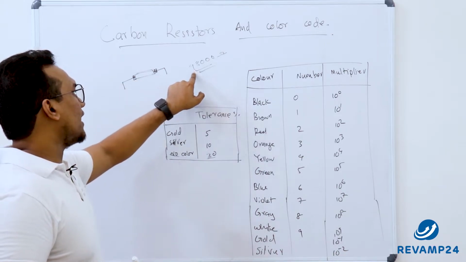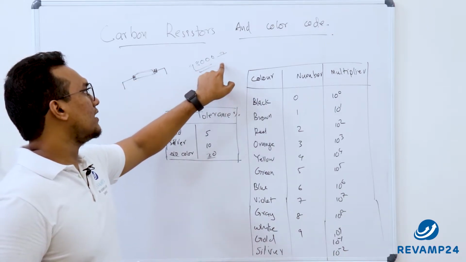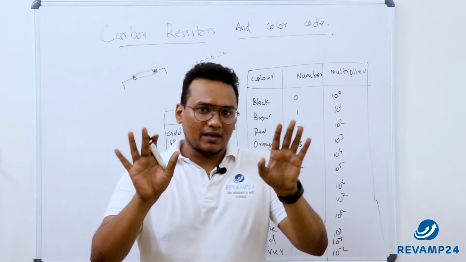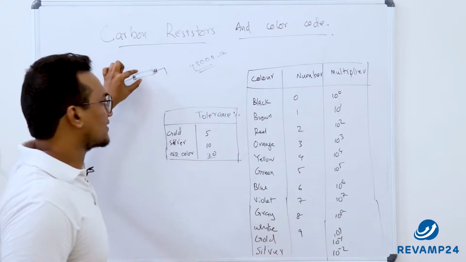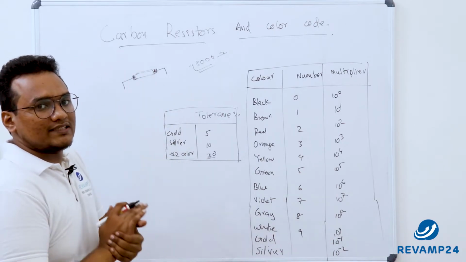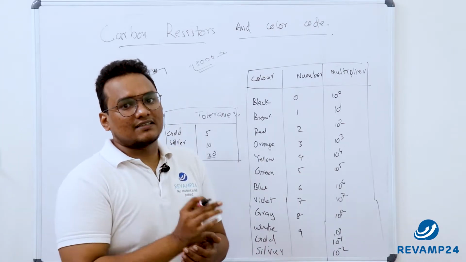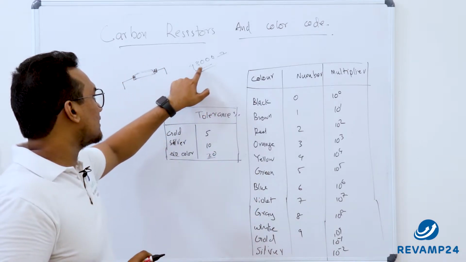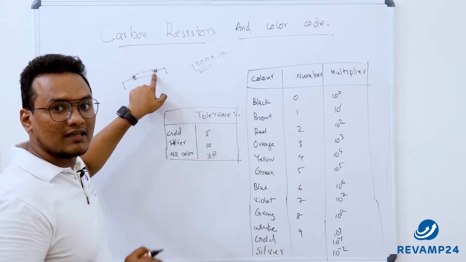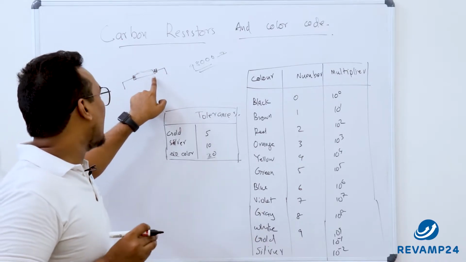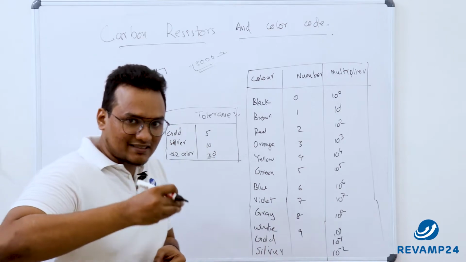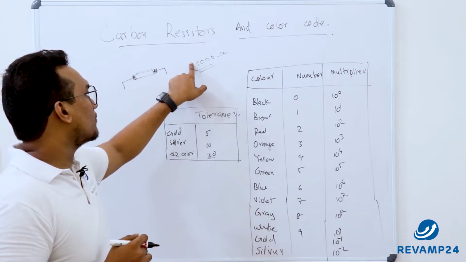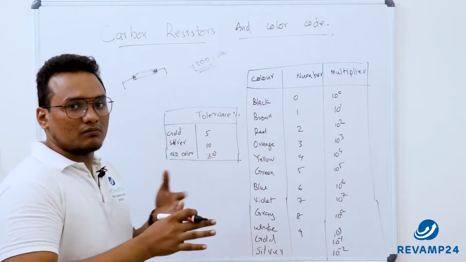Either we can mark it with numbers, 48,000 with the unit. But the problem is that this number cannot be read easily by everyone because it's a small resistance. You can go to Google and search for a resistor, and you will see the size is very small, so it is very difficult to read written numbers, and by the time this resistance gets shipped to another location, the numbers can get erased in transportation.